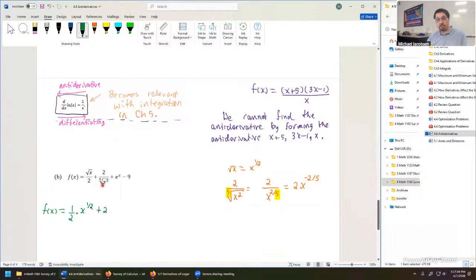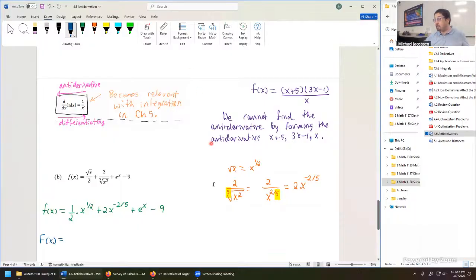Then it's plus 2 times, seeing our work on the right, x to power -2/5. Then plus e to the x, then -9. So we've got our function in a much, much better form to either differentiate, or what we'll do, find its antiderivative.